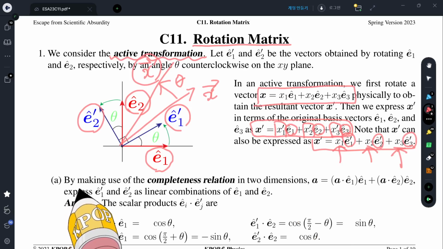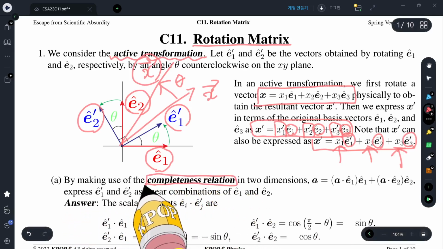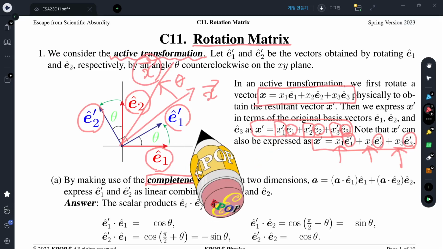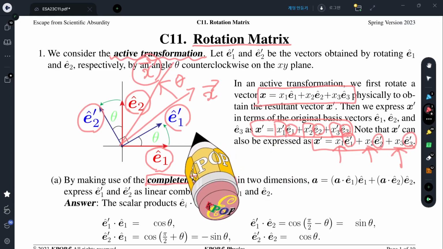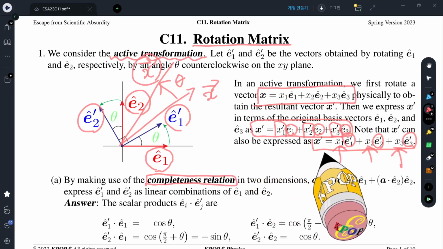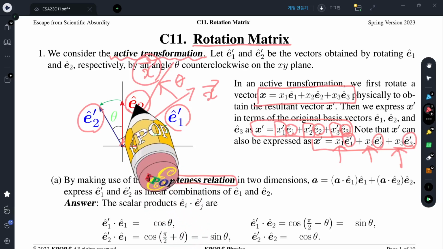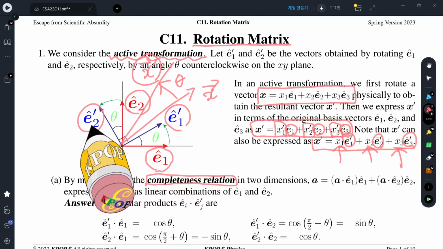We consider this by making use of the completeness relation. In this problem, we restrict ourselves to the two-dimensional case instead of the three-dimensional case. So in the two-dimensional case, we have only two basis vectors, E1 and E2, or E1 prime and E2 prime.